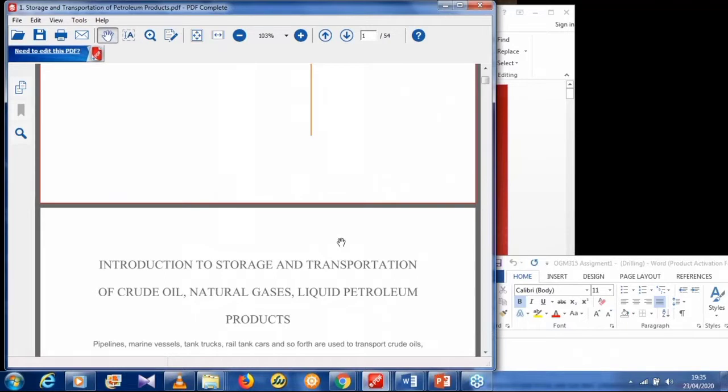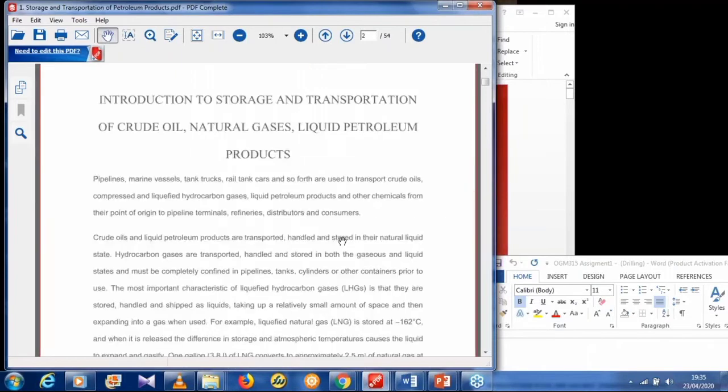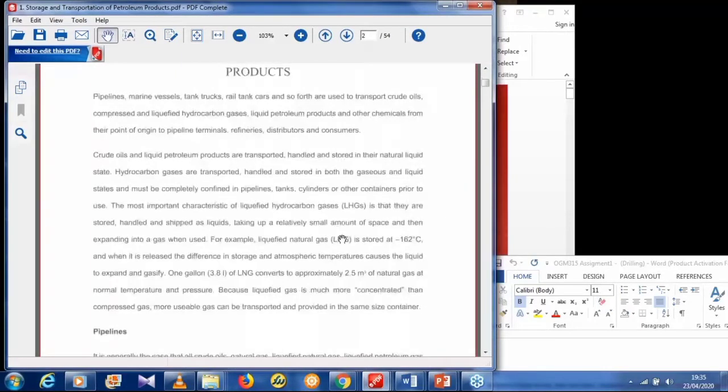The transportation is conducted using different concepts or different processes. One, we have the use of transmission lines, we have the use of pipelines, we have also the use of lines that are already networked.